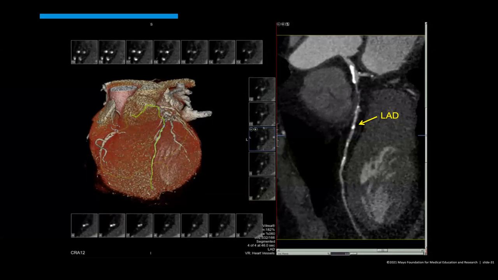Oh, that's a good question. So positive remodeling just refers to the fact that when you have this atheroma in the vessel, early on, there's a lot of inflammation induced in the vessel wall. And so early on, that inflammation will cause the vessel wall to go out. If you were to measure the diameter of that vessel from outer wall to outer wall, it would be bigger than normal.